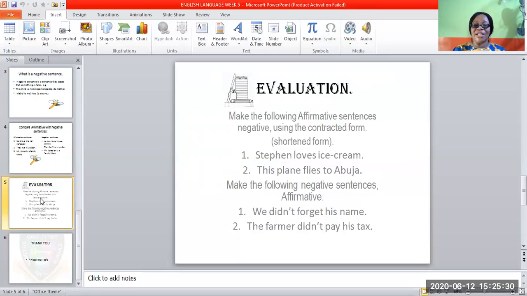Now, using the contracted form, that is the shortened form, we say, Stephen loves ice cream. It is an affirmative sentence. Now, write the negative part of the sentence using the contracted form.